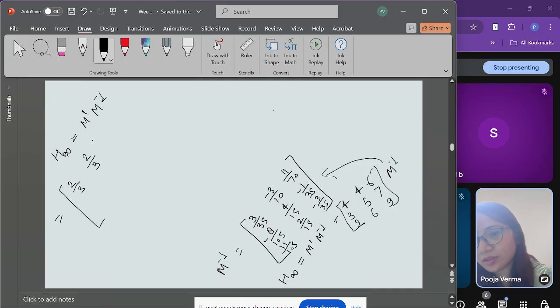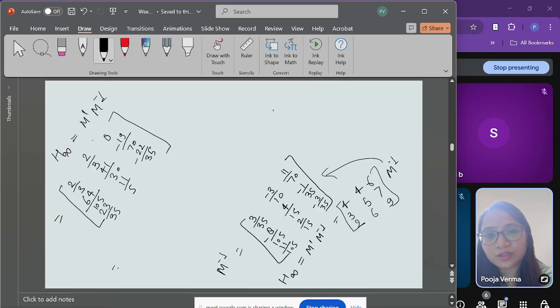Just check with this answer. And here 64 divided by 105, here 41 by 30, and here minus 19 by 70. Row into column, yes, you can get it. 23 divided by 35, here 11 by 5, here minus 22 by 35 we will get. First row with this column, addition of these three; then first row, second column addition; first row, third column addition. Then this value you will get.